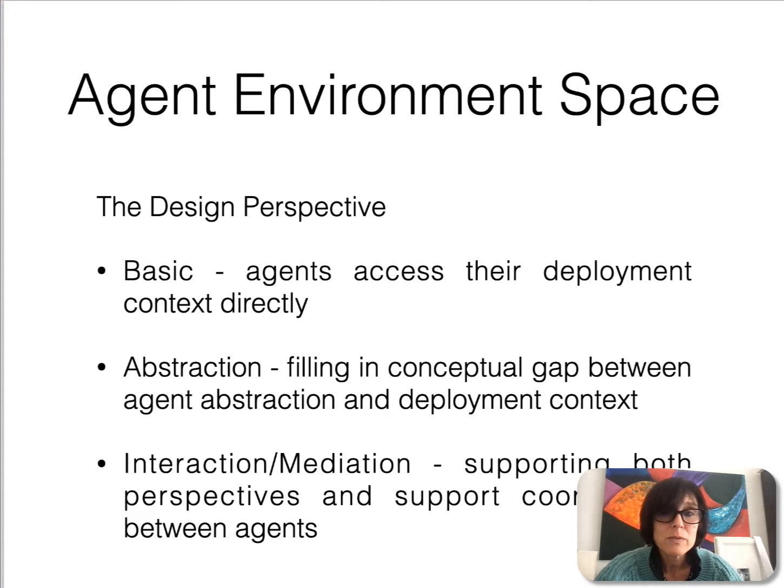There's the basic level, essentially just enabling the agents to directly access the deployment context. The abstraction level, filling in the conceptual gap between the agent abstraction and the low-level details of the deployment context, for example, wrapping a physical resource and providing access at agent's level of abstraction.